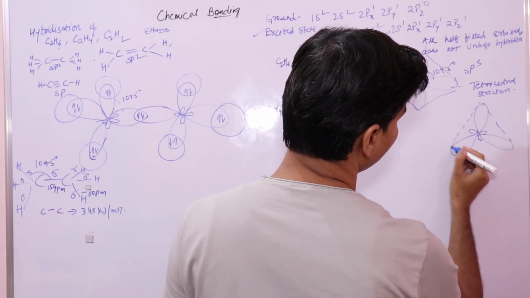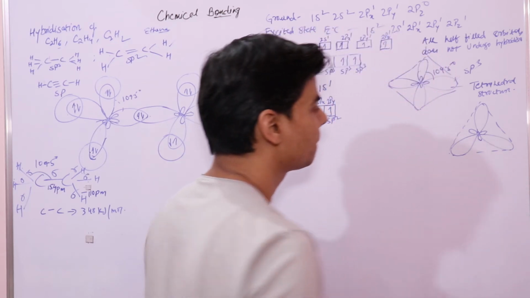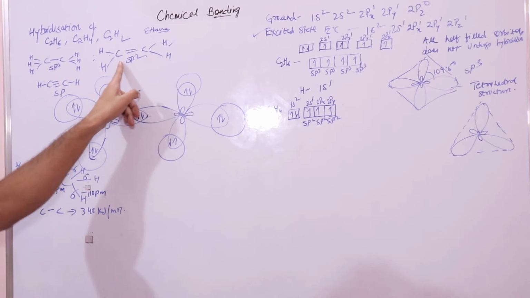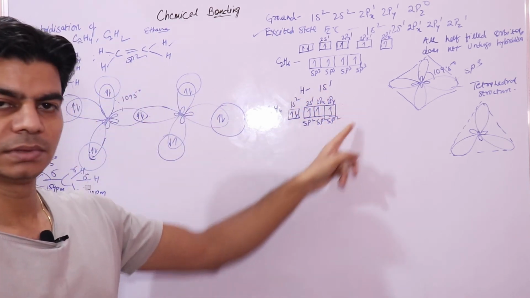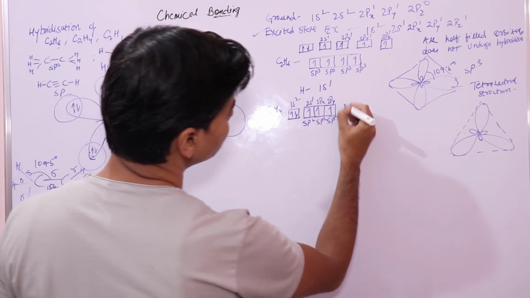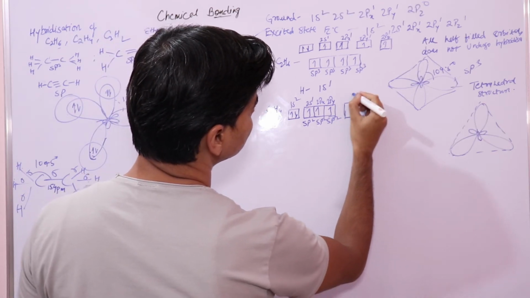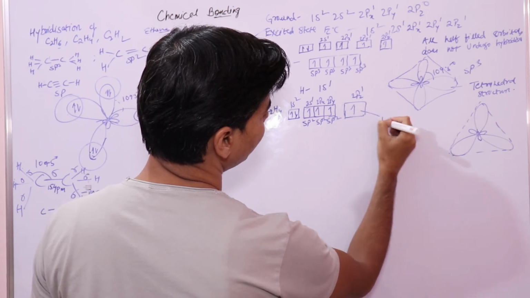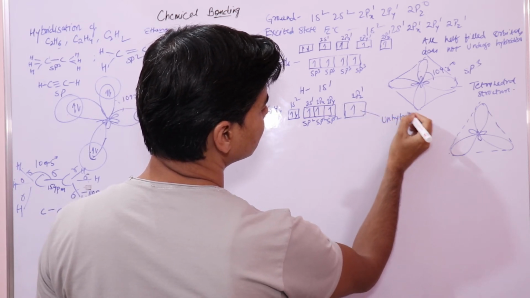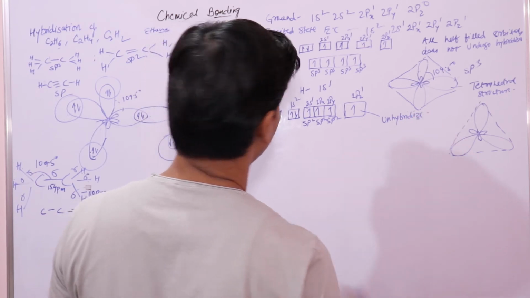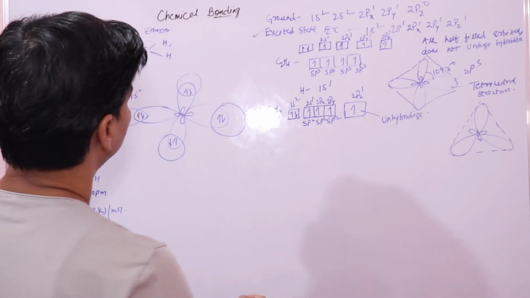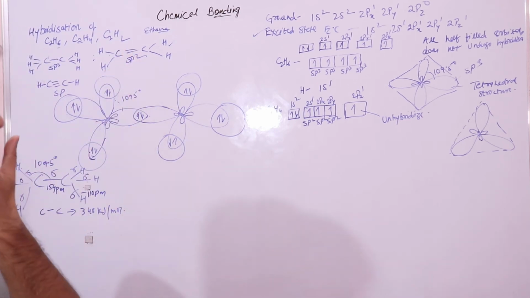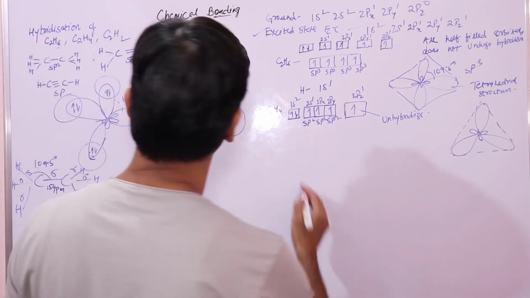These are sp2 hybrid orbitals. Now both the carbon atoms in ethene are sp2 hybridized, right? And one 2pz orbital will remain unhybridized, right? Now let's look at the structure, right? And look at how pi bond formation takes place, right? That's important.